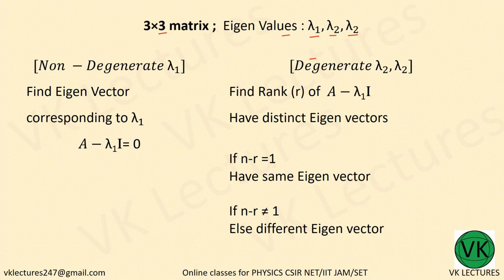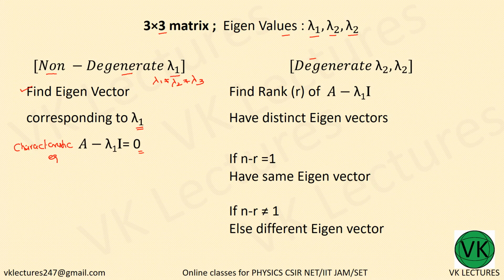For non-degenerate values, that means lambda 1 not equal to lambda 2 not equal to lambda 3, which means no two eigenvalues are the same, we can find the eigenvector corresponding to lambda 1 by using the characteristic equation, A minus lambda 1 times I equal to 0.